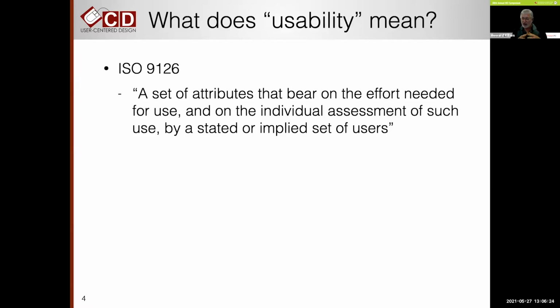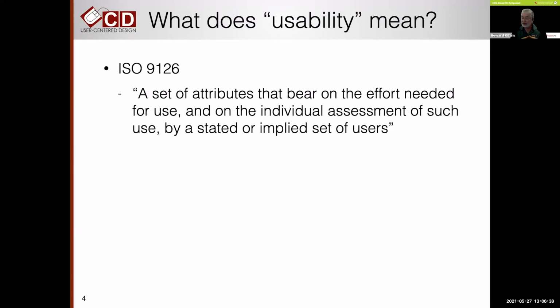If we look at the formal definitions of usability, we have 2 to choose from, and I like aspects of both. 9241, the international standard, says that usability is the set of attributes that bear on the effort needed for use. What I like about this definition is its focus on the attributes of the product.